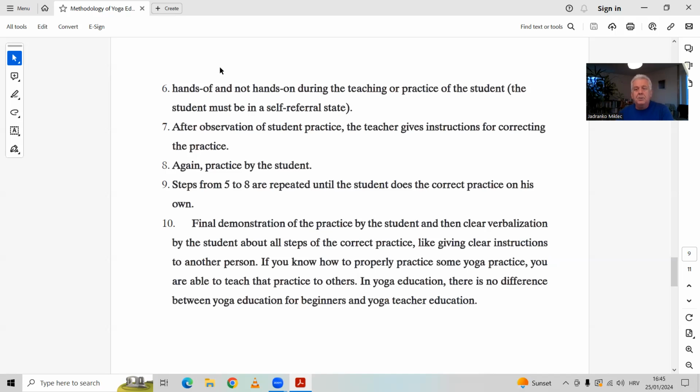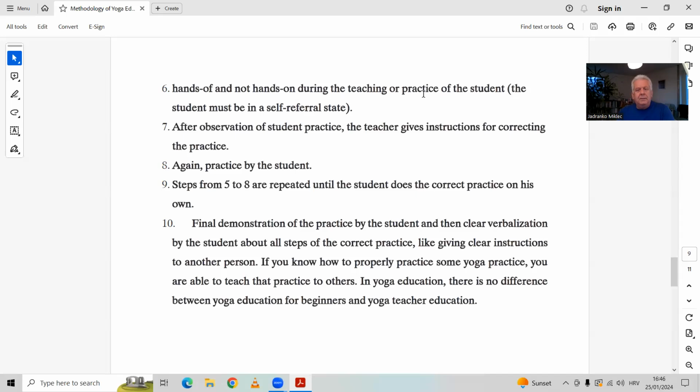It is hands off. So you don't touch the student in any way, because if you touch the student, his awareness goes to the place of your touch, not where it should be, inside. So touching is not allowed.